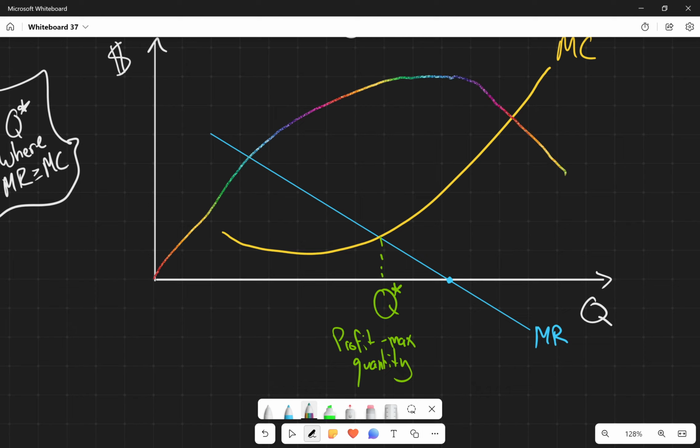So this part here splits it up into increasing revenue. Anywhere where the marginal revenue is above the zero axis, anywhere it's positive, it's going to be increasing revenue, and anywhere it's negative over here, it's going to be decreasing revenue.